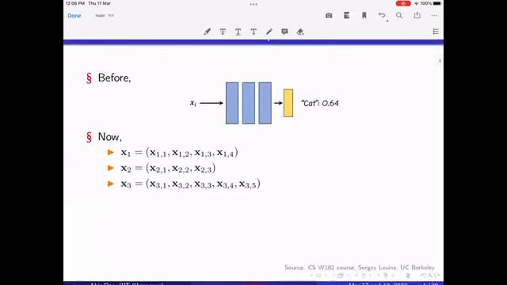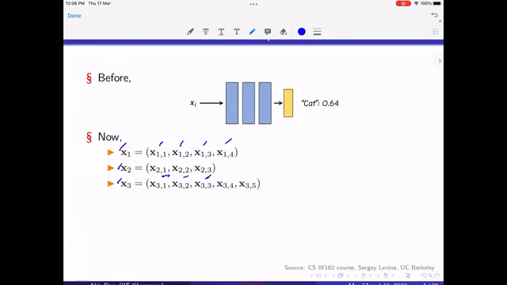But now let us think that we have some sequential input. There are 3 examples given, x1, x2, and x3, but each of them has a different length. By length, I mean how many elements the sequence has. So x1 is a sequence and it has 4 elements. This has 3 elements, so 1, 2, and 3.